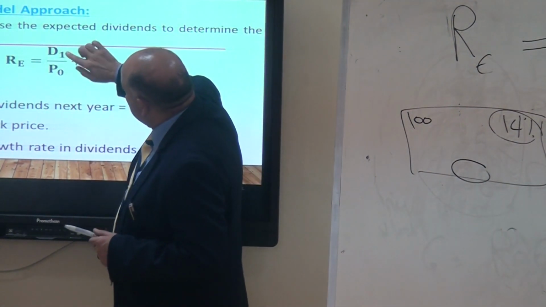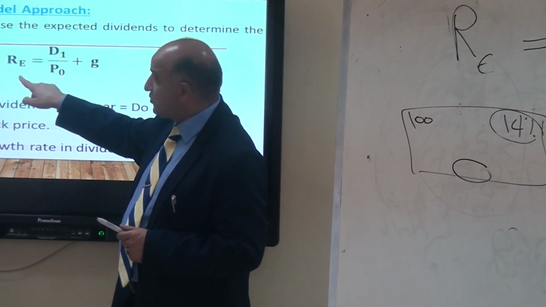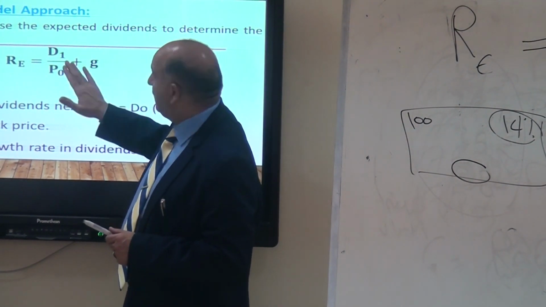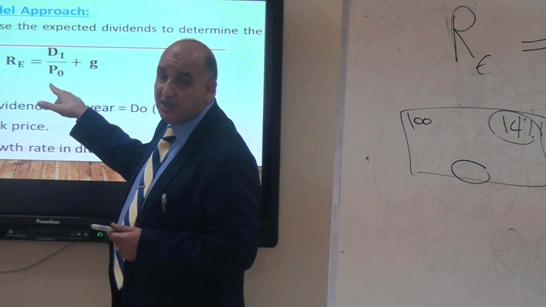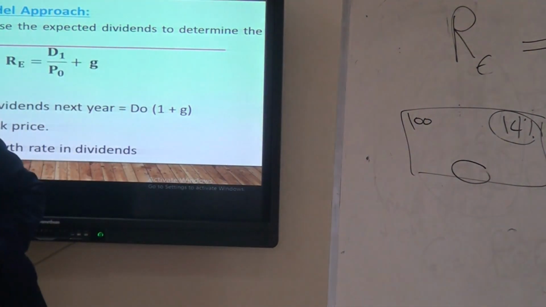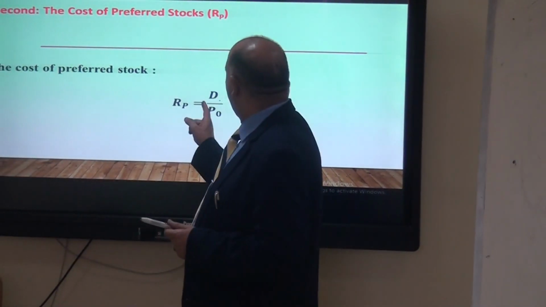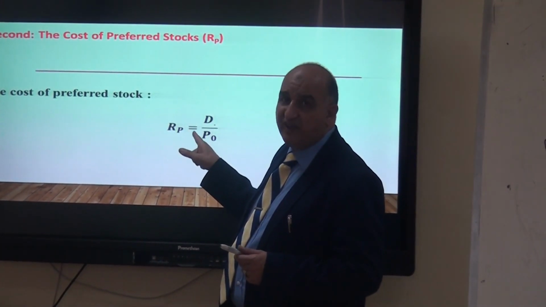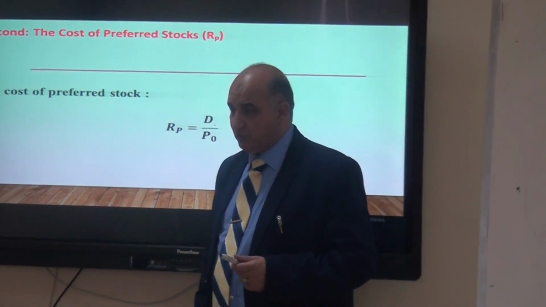So it will be RP, which is the return of preferred stocks, divided by D only, without 1 or 0, because all these are equal, divided by P naught. Exactly like this one. So this is the equation for the cost of preferred stocks: RP equals D divided by P naught.